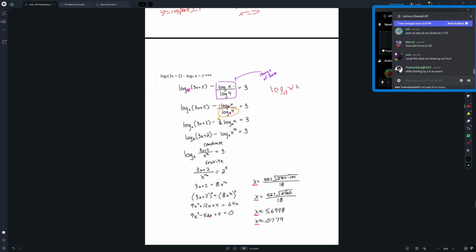If you change your base, that would be log base 2 of x and log base 2 of 4, and log base 2 of 4 is 2, and that's in the denominator, so that becomes 1/2. And then it uses x to the 1/2, and then it solves all that, and then you bring that in.